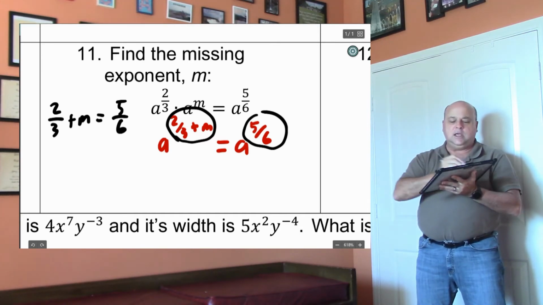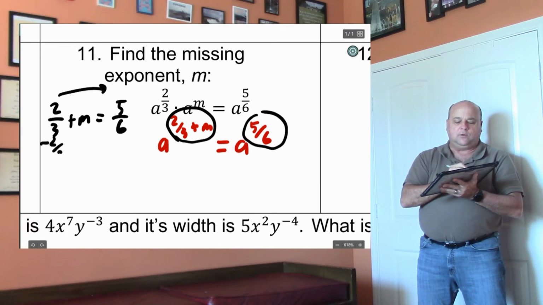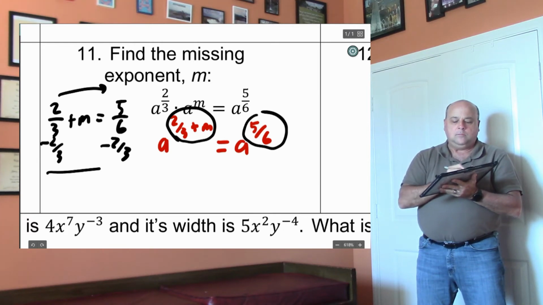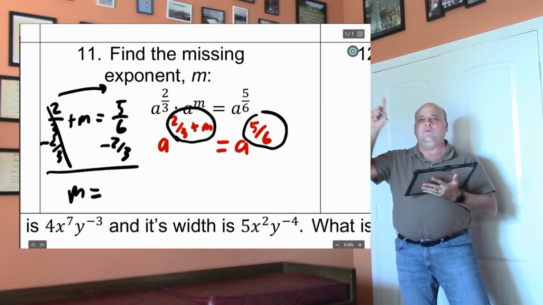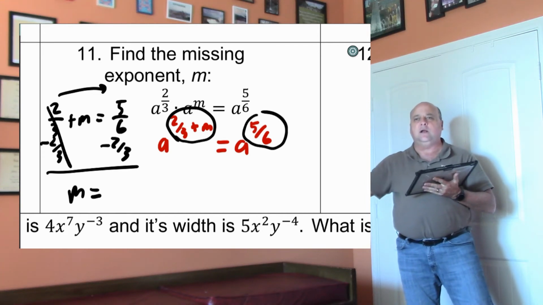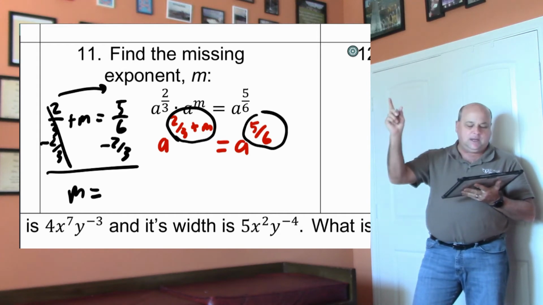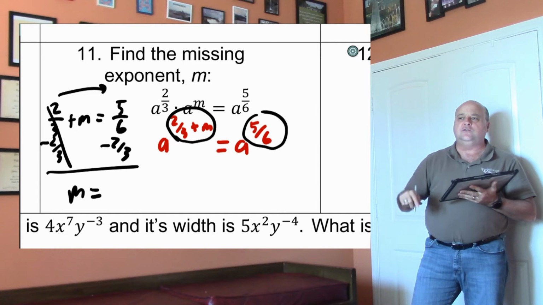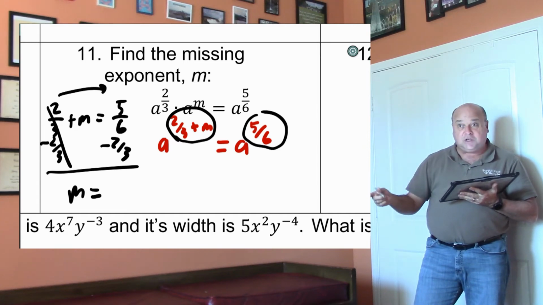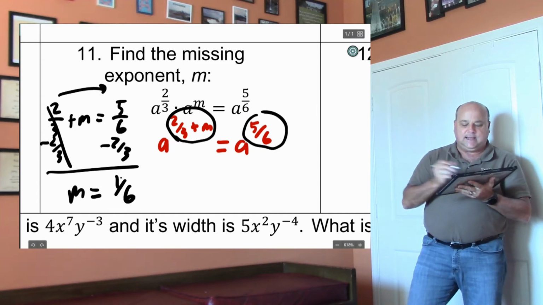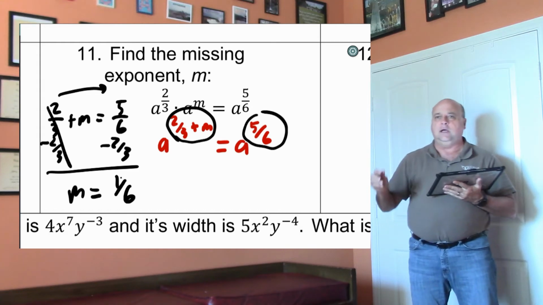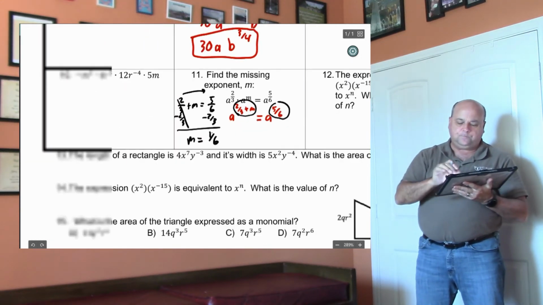To solve for m, I'm going to move that 2/3 over. These cross out to 0, so m equals 5/6 minus 2/3 on your calculator. Use the Control Divide button to get the fraction in. 5/6 minus 2/3 would be 5/6 minus 4/6, which is 1/6. Not that difficult.